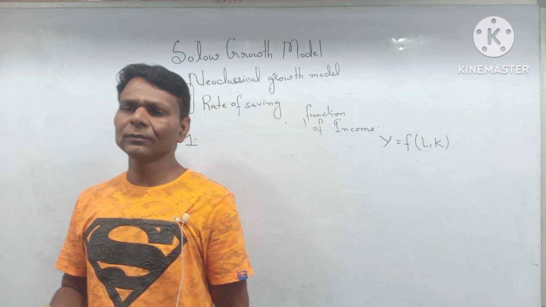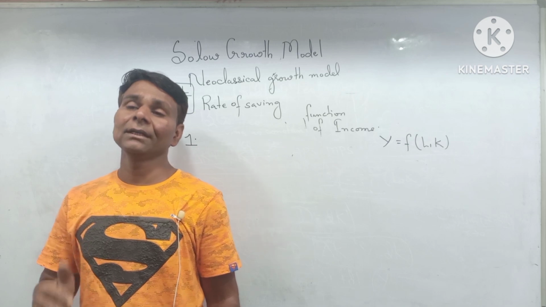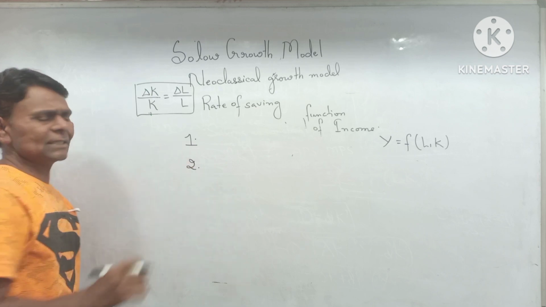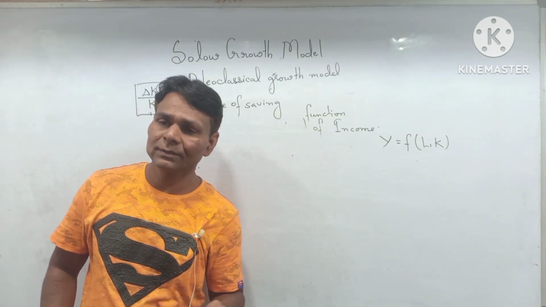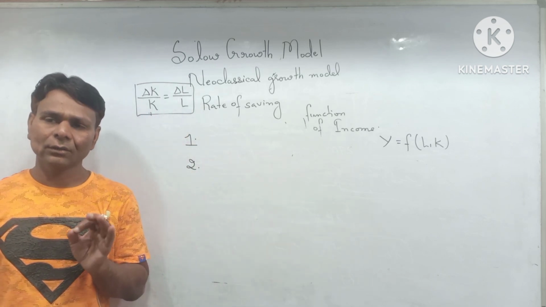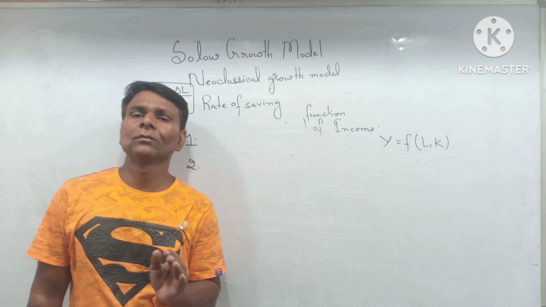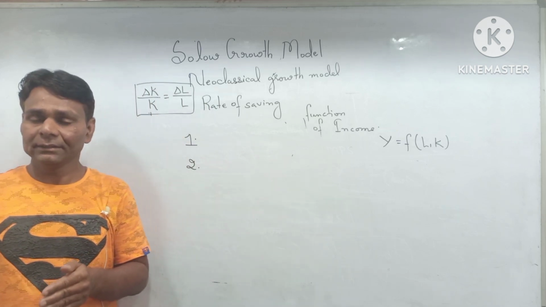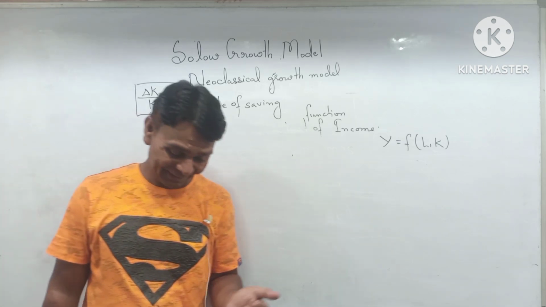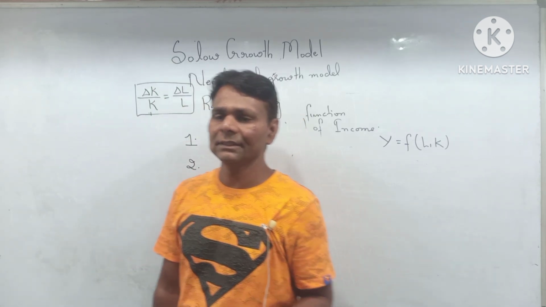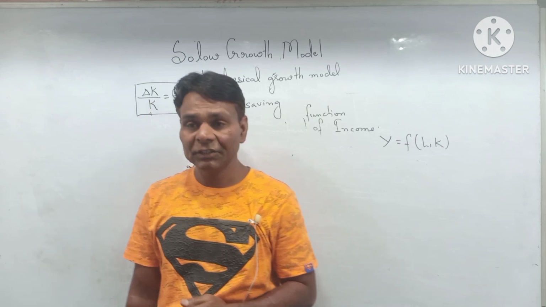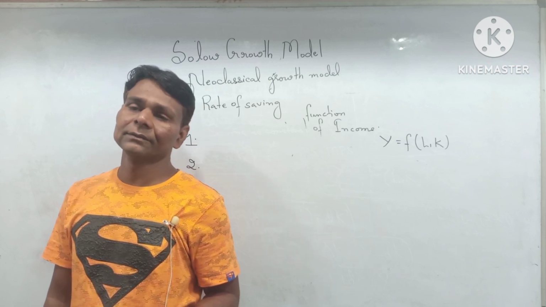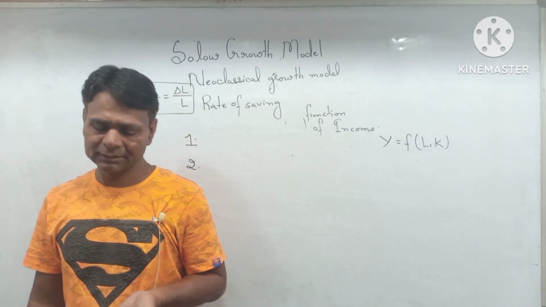And education improves the productive capacity of capital as well as labor. Second, it is based on constant returns to scale. The Solow model assumes constant returns to scale prevailing in the production process. But it is not correct, because in the real world there are three returns to scale: increasing, constant, and declining returns to scale.